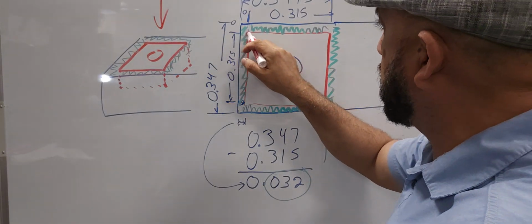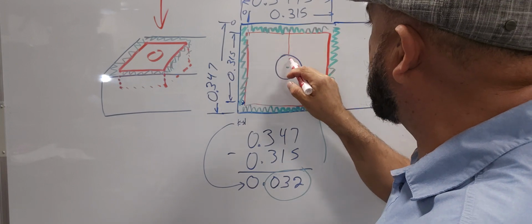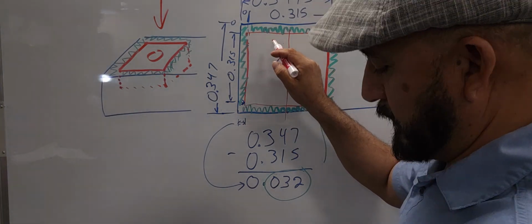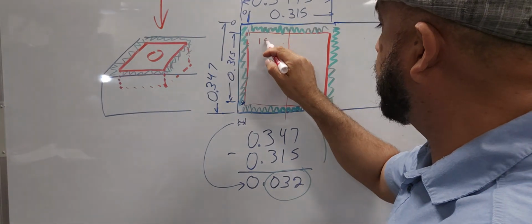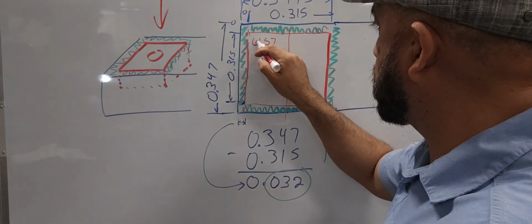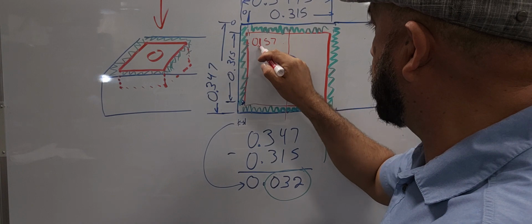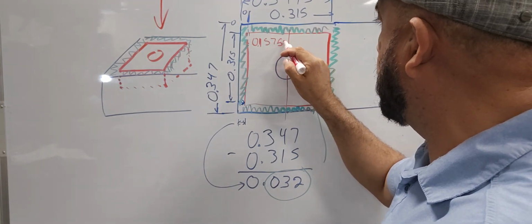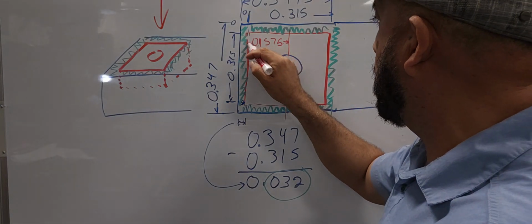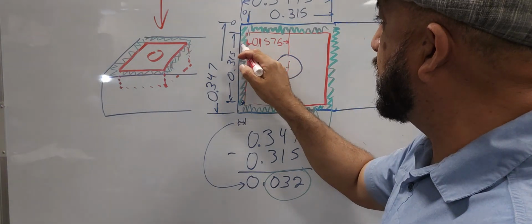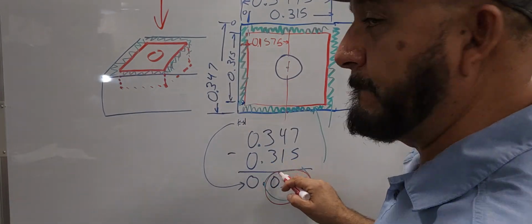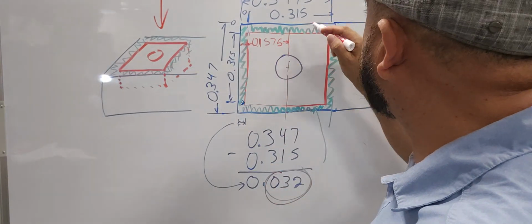So if we start here, half of that, then we'll go to the center. From here to here, it's 0.157 and then 5 tenths. Now we got that extra edge right here, and we said that edge is what, 32? So we add that.